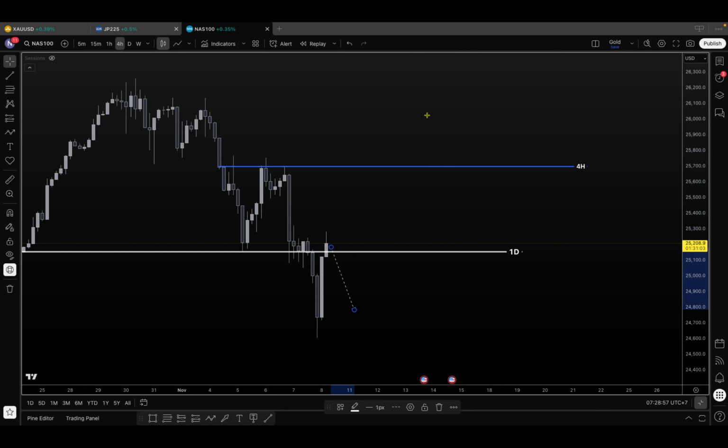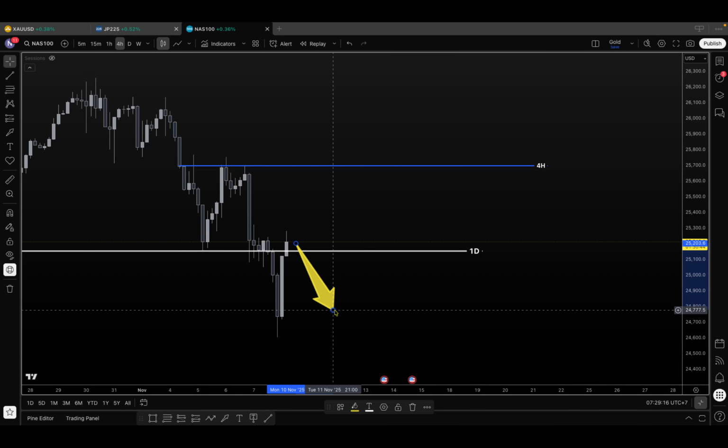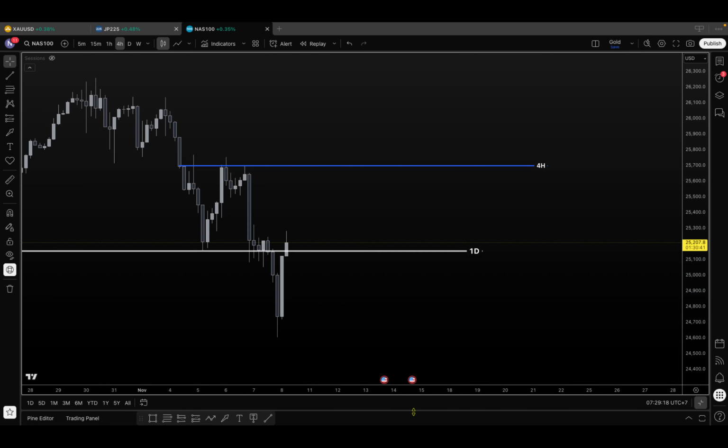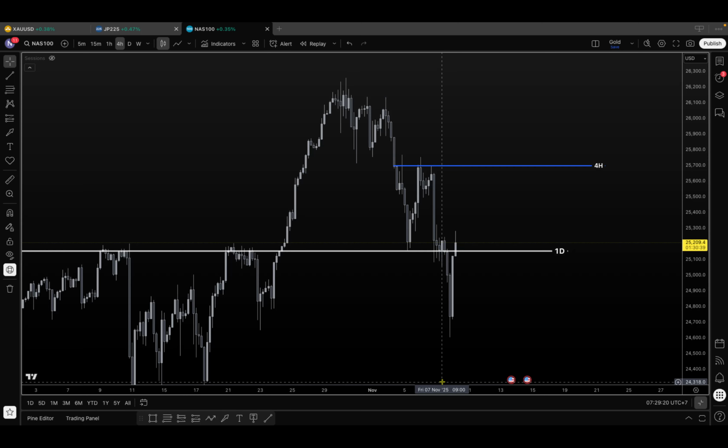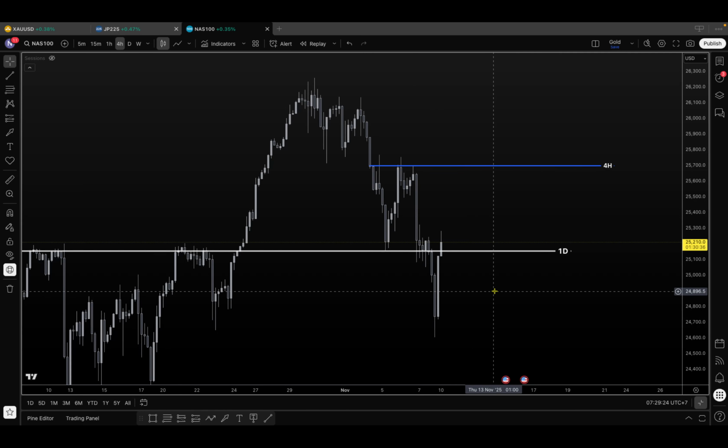But right now it's still bearish. It doesn't show any level of bullishness on daily, it's still bearish. So maybe you can have a short now here, but it's still in the downtrend on Nasdaq.